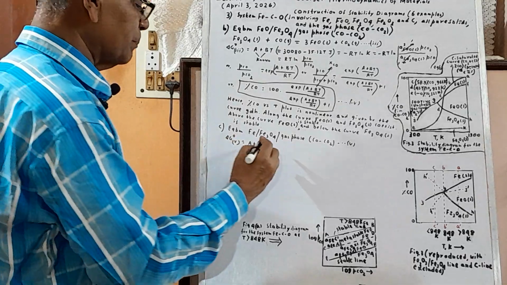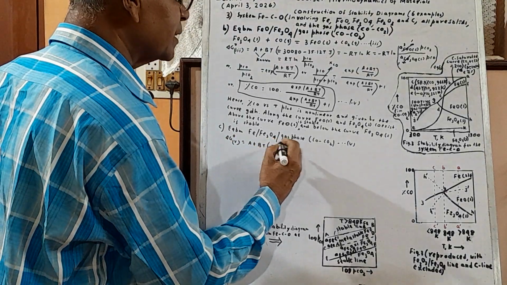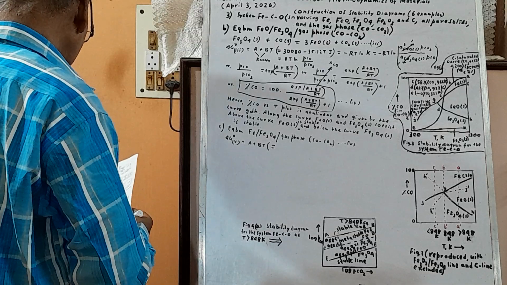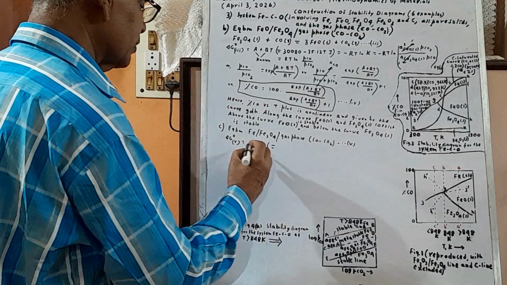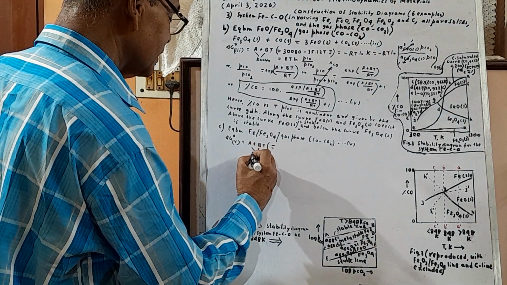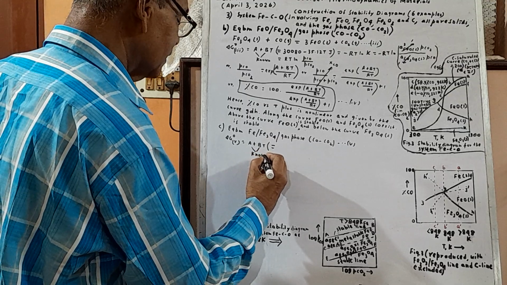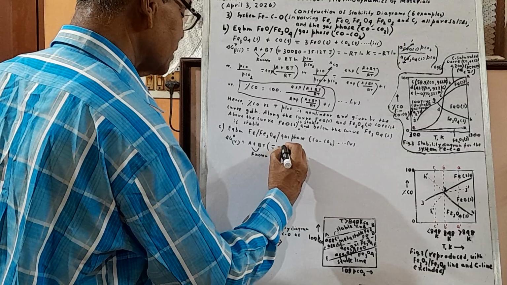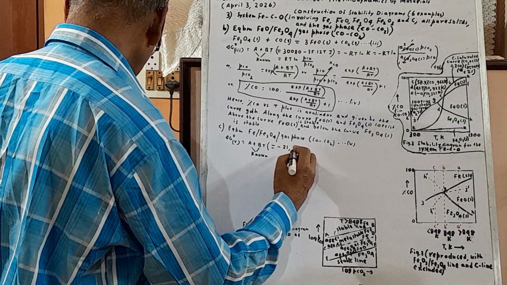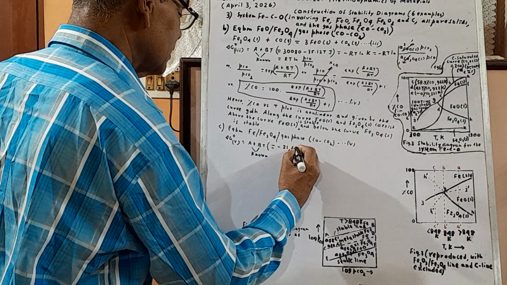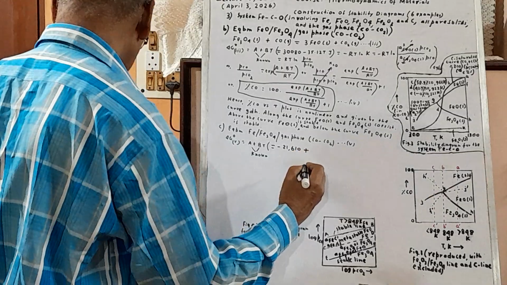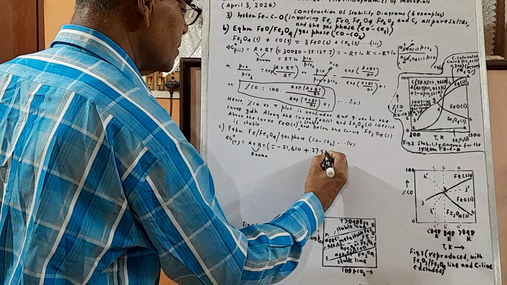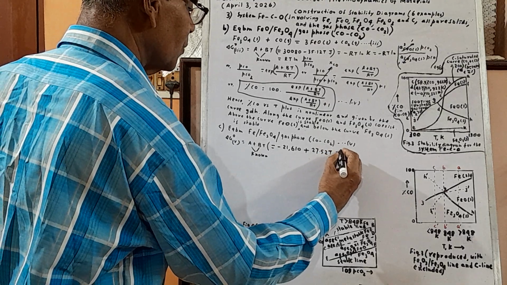So delta G is A plus BT. So guess what it will be? Here again it is exothermic. So what is that value? In case you are interested, you write first the known quantities A and B. What are those quantities? Minus 21,610 plus 27.52 T joule.